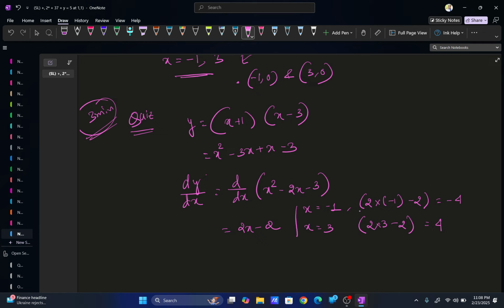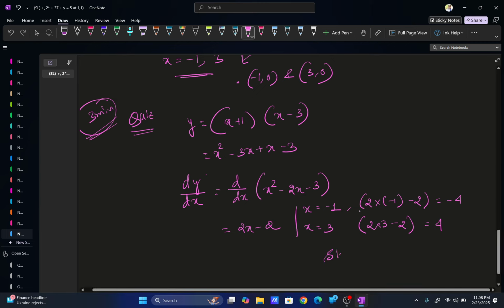So actually we get the slope of tangent as plus minus 4.